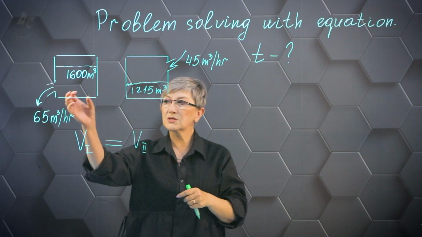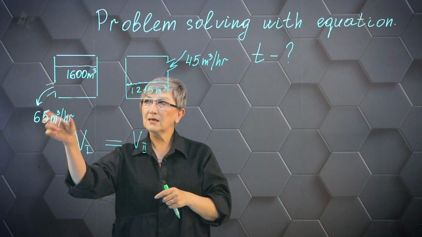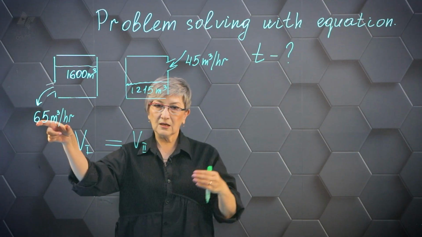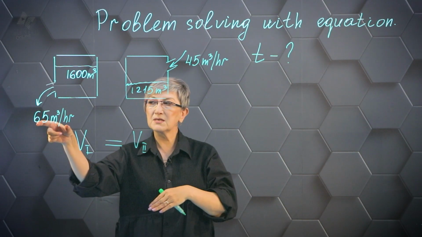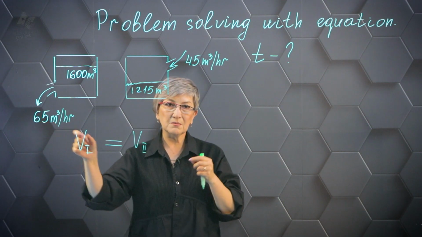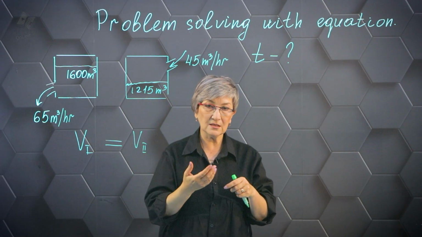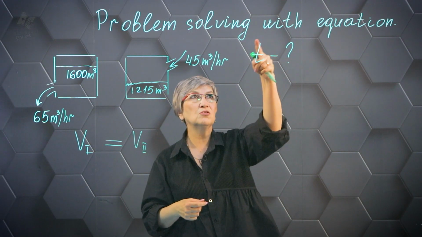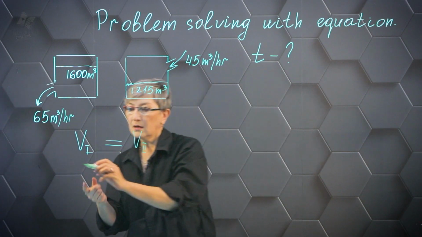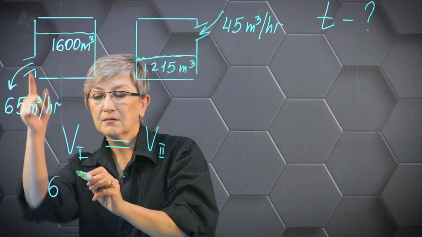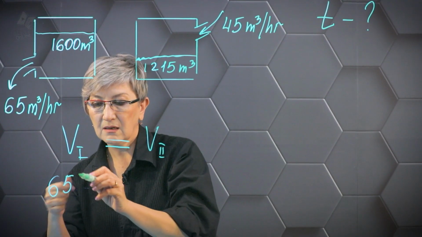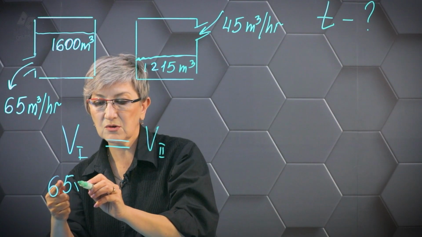As a result, what do we get? If the volume of water that is pumped out of the first pool is 65 cubic meters per hour, then in a certain amount of time, 65 times t of water will be pumped out of the first pool.